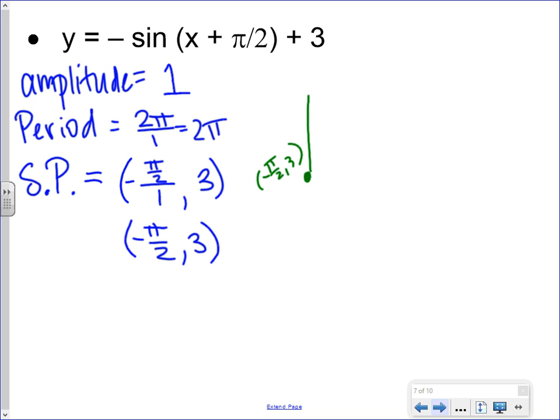We are going to go up and down the period. So if our starting point has a vertical height of 3 and our amplitude is 1, how far do we go up? 1. So we're at the y coordinate of 4 here. And what about down here? 2.